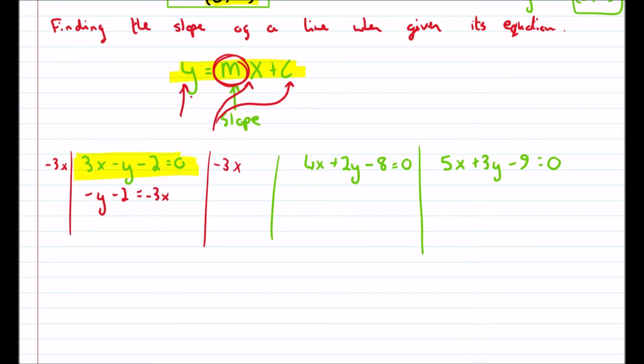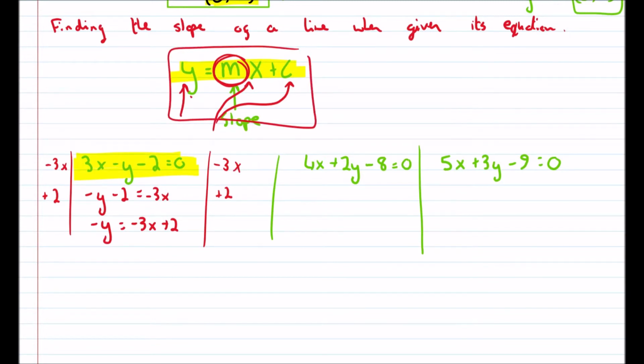And then we need to take the 2 from here, so plus 2 to get rid of it, plus 2 over here, and we're left with minus y equals minus 3x plus 2. Now I want it in this form, with y first, but remember there's no minus there, it has to be just a y, so I'm going to change all the signs the whole way across, so y equals 3x minus 2.